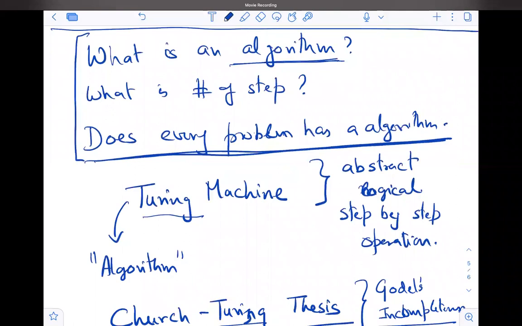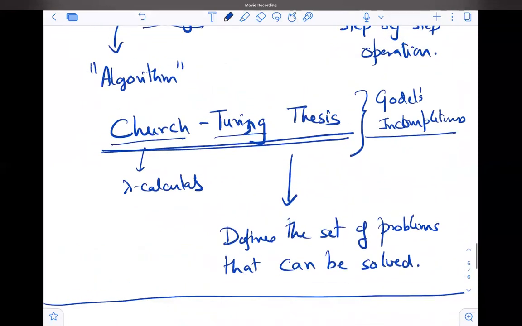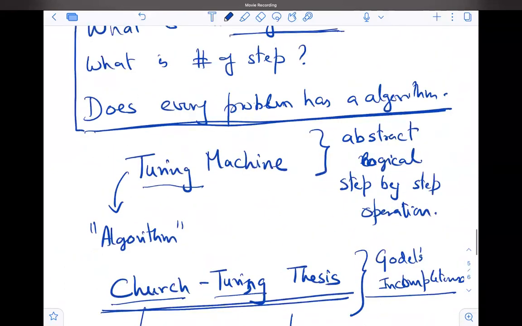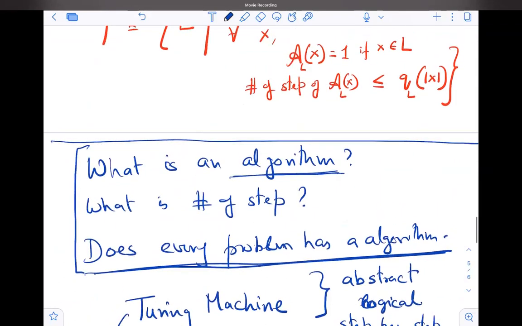You can make all of these statements fully formalized, and these are really beautiful. I just wanted to give you a quick set of pointers to things you might want to study by yourself. Whatever I told you about what an algorithm is, if you are not interested, forget that. Don't worry about it.